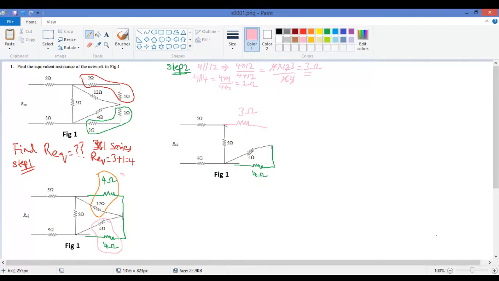Similarly, these two parallel, I got 4 and 4 is parallel. I got the equivalent resistance as 2 ohm. So I just cut this and let's write down this is how much. This is 2 ohms. Okay.